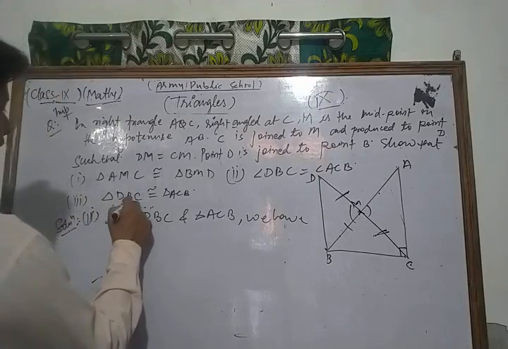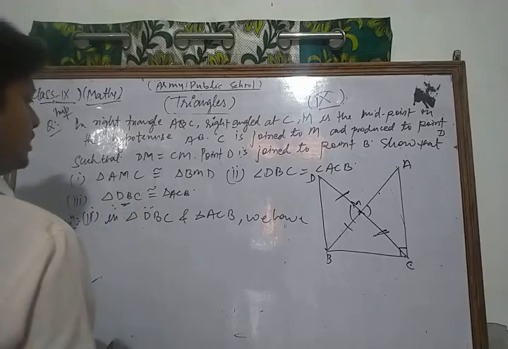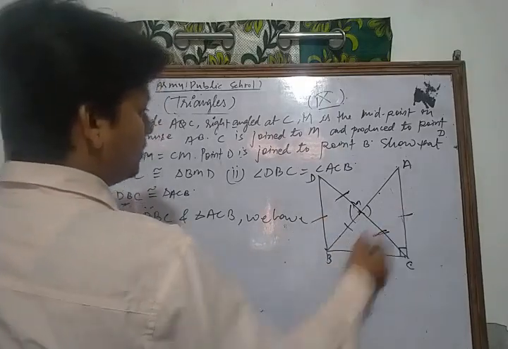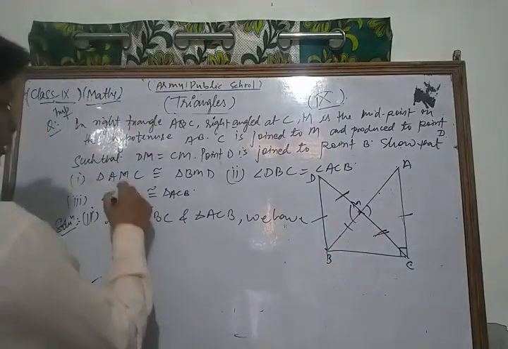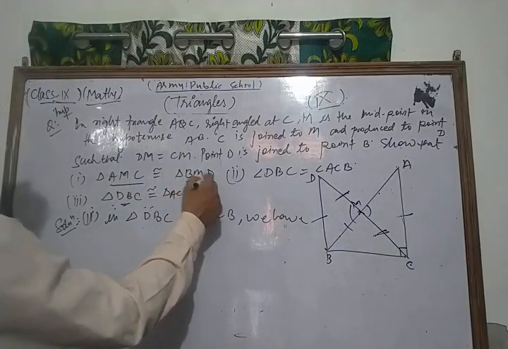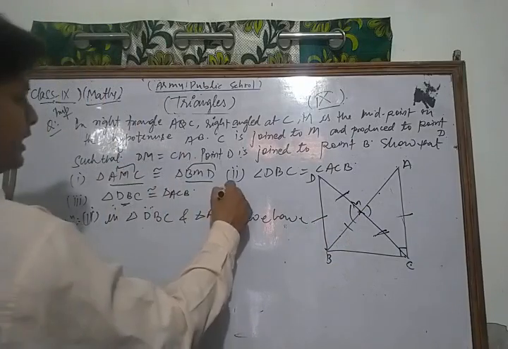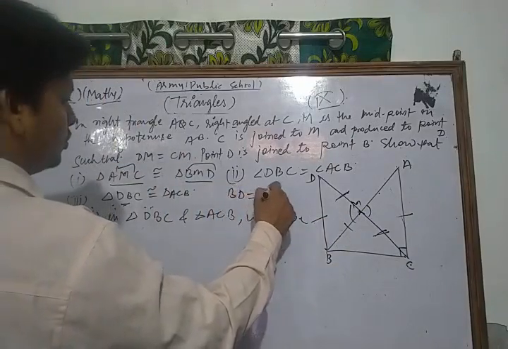Yes, by this relation AC is equal to BD, by the first result, because we showed that triangle AMC is congruent to BMD. So BD is equal to AC by CPCT.